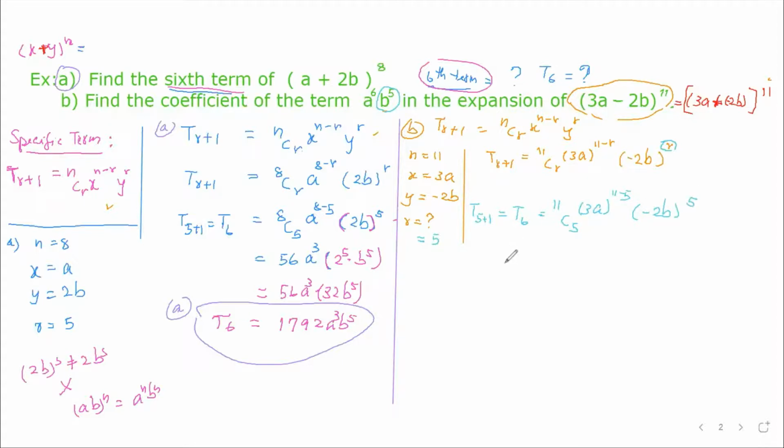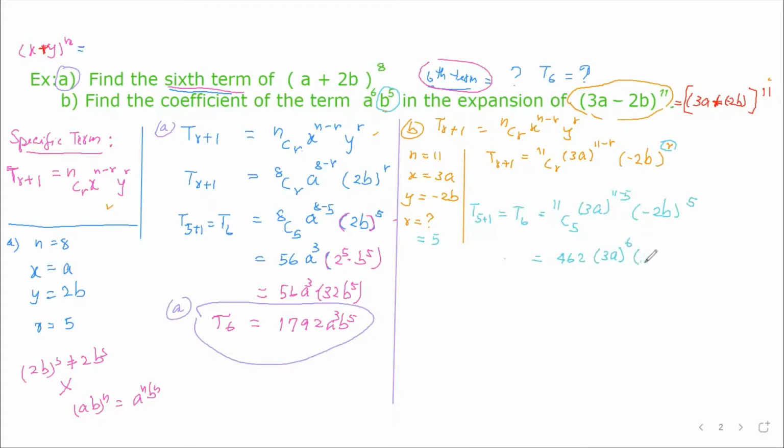Then we simplify. You can use calculator for 11C5, right? 11C5 equals 462. So we have 462 times 3a the whole thing power 6, 11 minus 5.